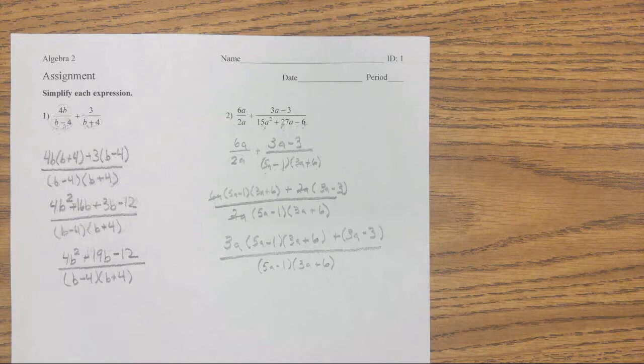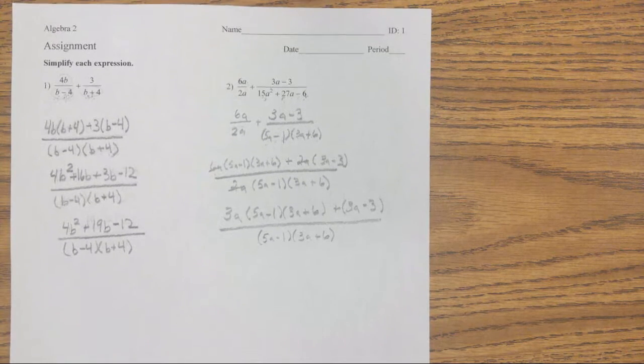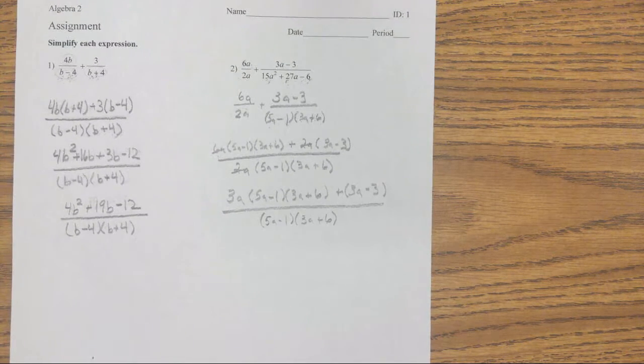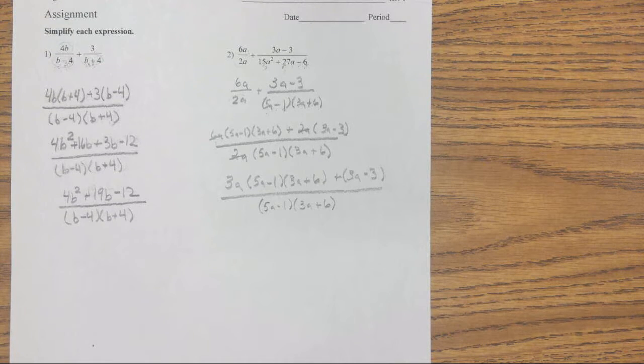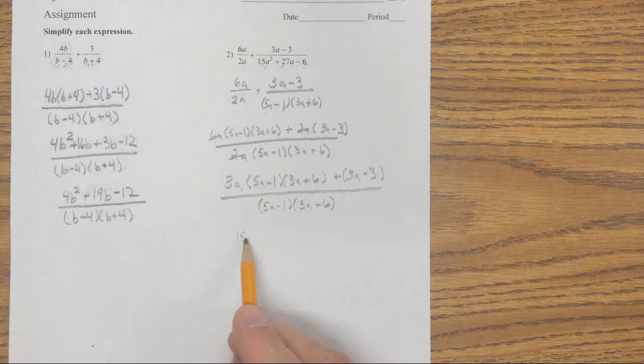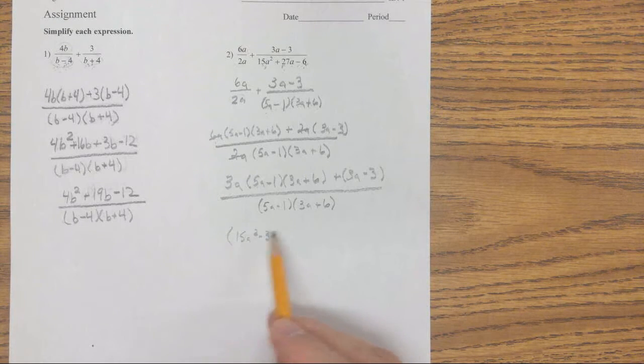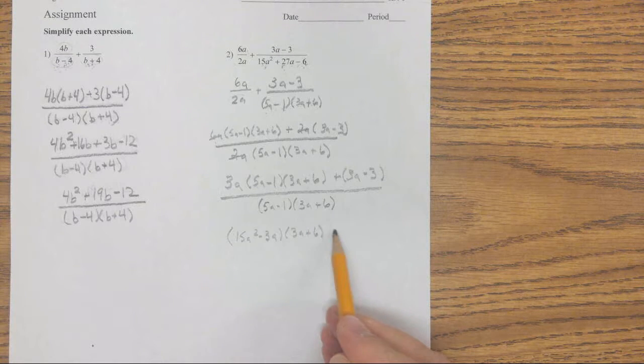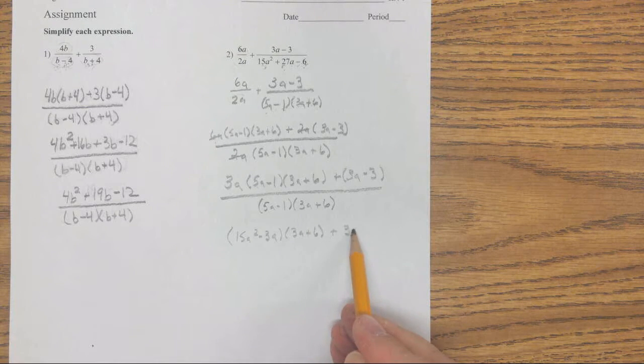Okay. Now we'll combine some terms together. Let's do some distribution here. So the 3a into this, that's 15a squared minus 3a. Multiplying that by 3a plus 6 plus 3a minus 3.